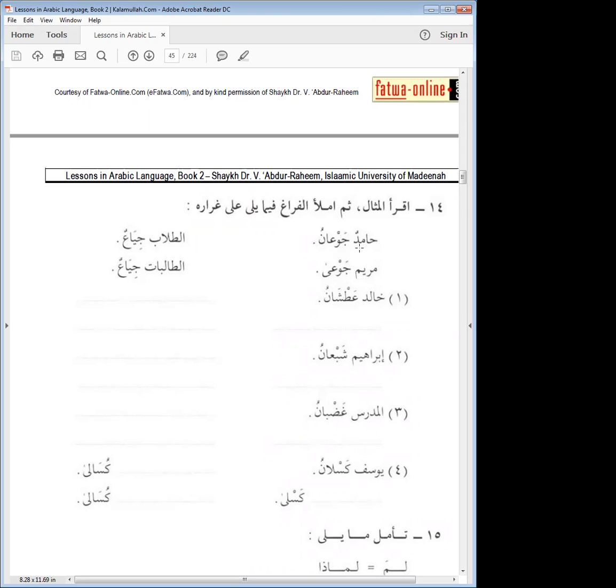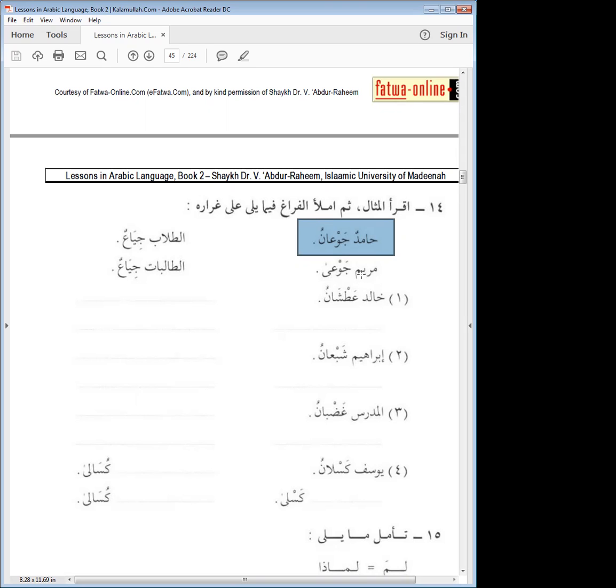Hamidun Jawanu. Everybody with me on page 44? Now, Hamidun Jawanu. Hamid is hungry. Remember the word Jawan? Jawanu means hungry.